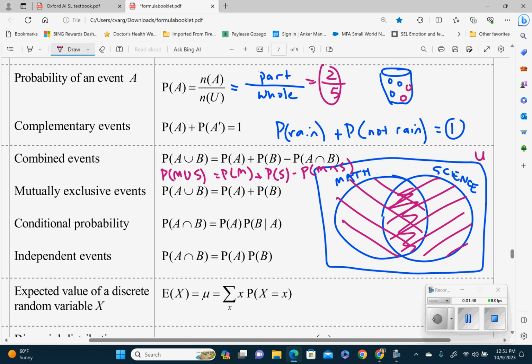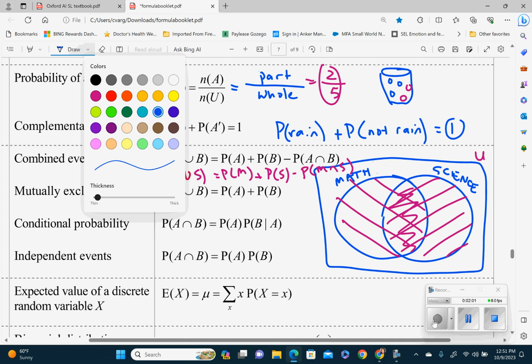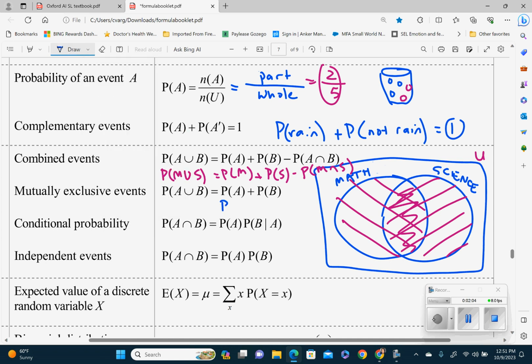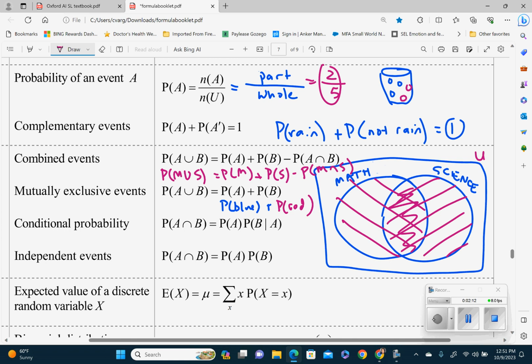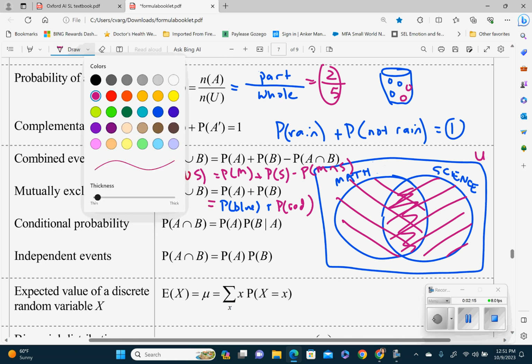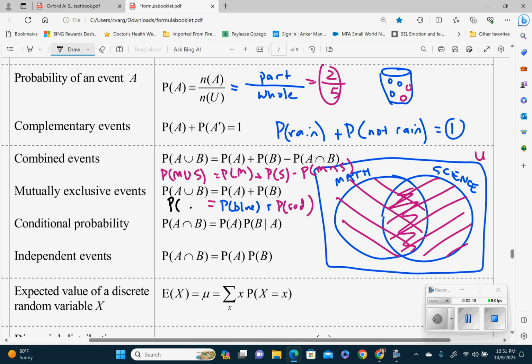Mutually exclusive means that one has nothing to do with the other. So the probability of A or B is literally just the probability of A plus the probability of B, right? So for example, going back to these marbles, the probability of getting blue marbles plus the probability of getting a red marble is going to equal the probability of A or B, okay?